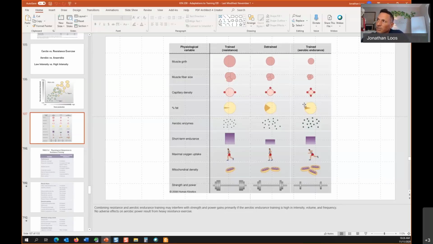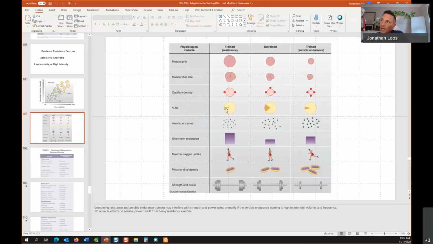Same thing with body fat percentage. Resistance training isn't burning fat any more than endurance. It's just that your body fat percentage is a comparison of how much fat tissue you have compared to how much lean body mass or muscle tissue you have. If you're adding more muscle tissue, you're significantly reducing the relationship between fat and muscle, so your body fat percentage is dropping.